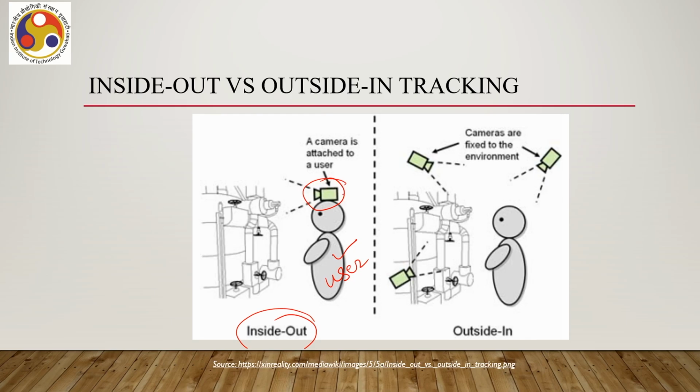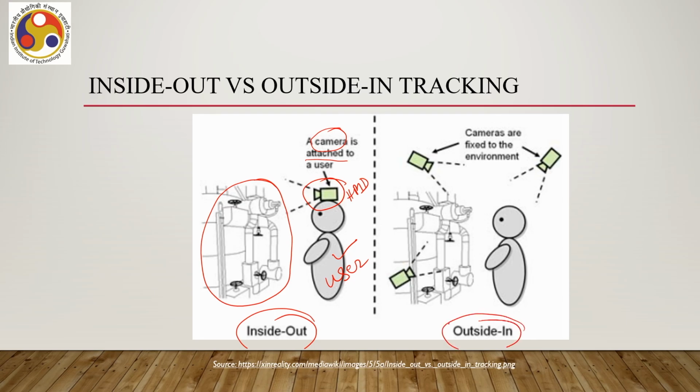Now, the HMD or whatever device the user is using contains either camera or other sensors or both. Since it is being used by the user, we can say it is attached to the user, and the environment is being tracked with the sensors present with this attached device, that is inside out.